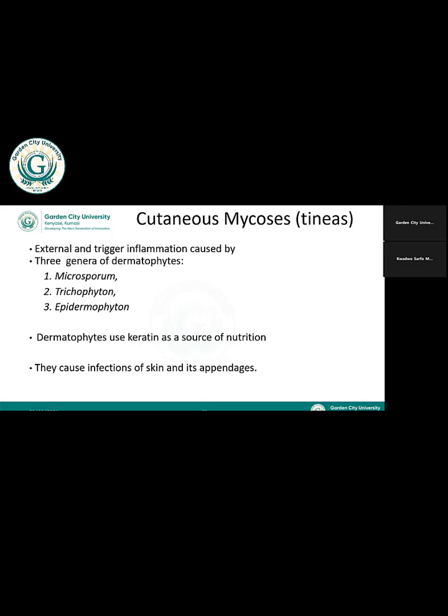And these dermatophytes, the Microsporum, the Trichophyton, the Epidermophyton, they feed on the protein keratin to get energy. And as I said earlier, they also affect the skin, the nails, and then the hair.